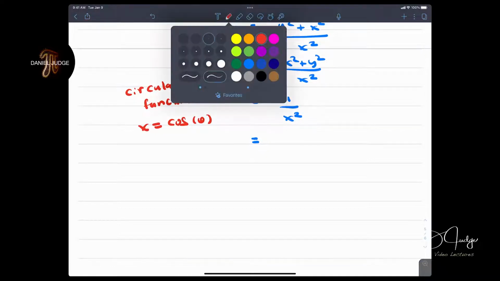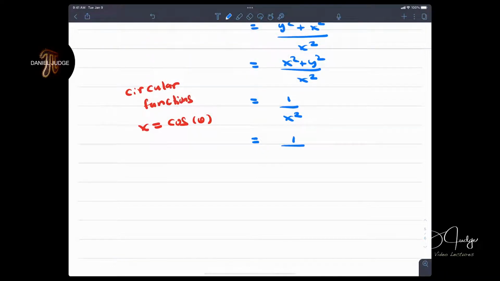Now, what does this mean? Where does this x come from? X comes from our circular functions. Remember, x is the value of cosine theta. So I can replace this x with cosine of theta, and I square this.